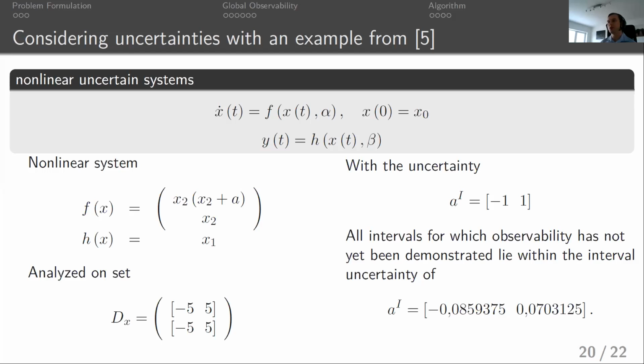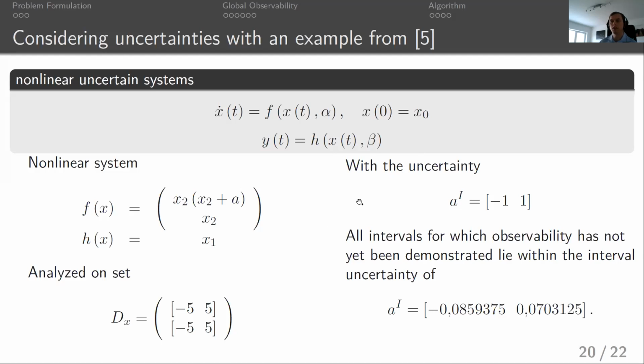Yes, I haven't talked about this. That's correct. It's not that this algorithm gives you directly an optimal sensor placement or how to modify your output function in a way that you have an optimal sensor placement, but you can use this algorithm as a trial and error method, where you can try a sensor configuration of your choice and test whether this is observable, and then try, for example, another configuration, and then maybe find a way where you can use fewer sensors so that your product is not that expensive, or in any other case.